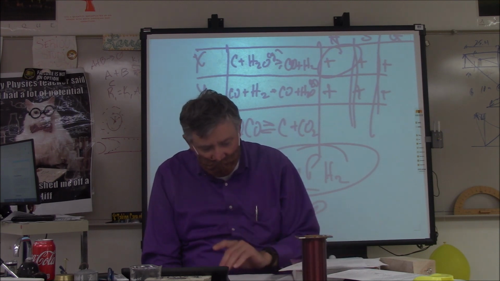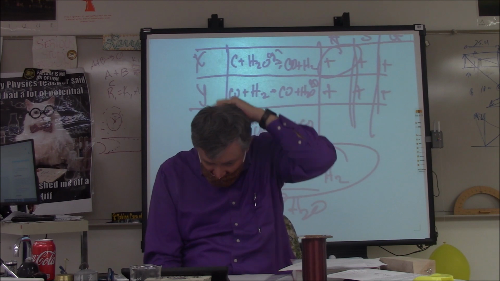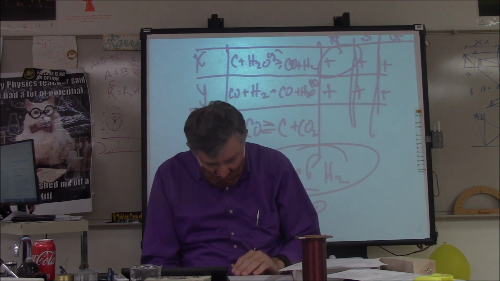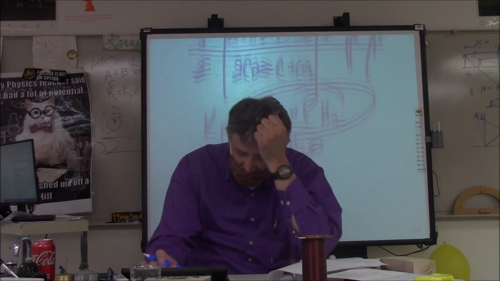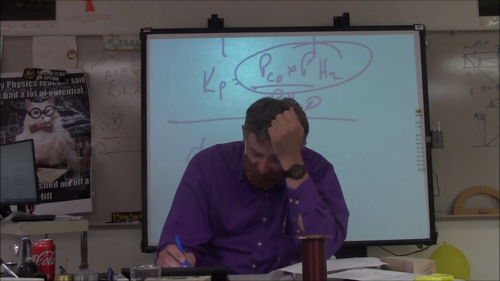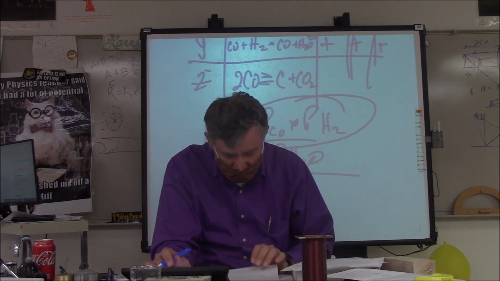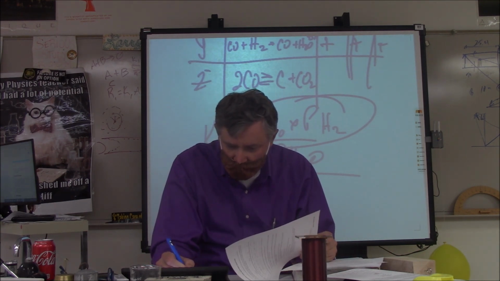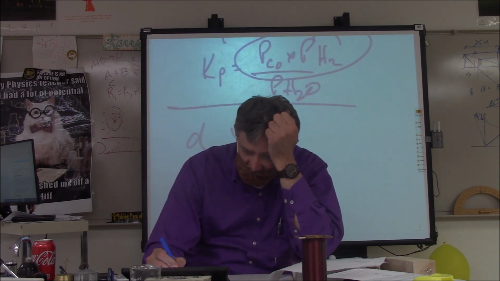Now, on D, for reaction Y, which is larger, the total bond energy of the reactants or the total bond energy of the products? So here's the deal. What is it asking about? Y. So you have an endothermic reaction.